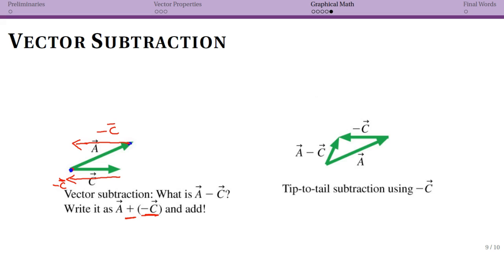So this is my -c vector, and so then my sum, remember you want to start at the base of the first one and go to the tip of the second, that this then represents A plus -c. And so I've just done out all the steps, which this picture over here is showing you the answer as well. And again, the exact positioning here on the tip and getting the lengths right is kind of the difference between what I drew here and what you're shown here. But just please, this is the most straightforward way to do it.